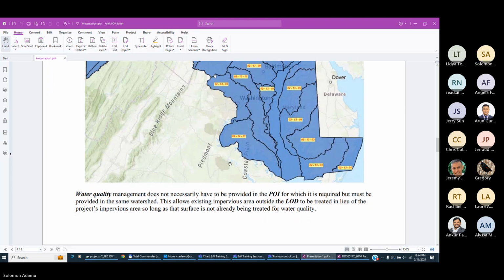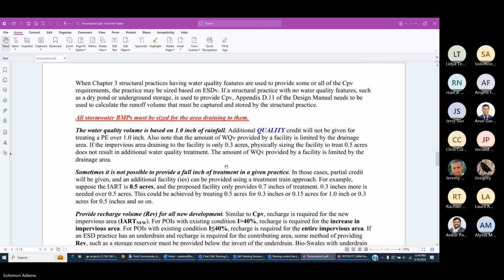All right. When Chapter 3 structural practices with water quality features are used to provide some or all of the CPV requirements, the practice may be sized based on the ESDV.